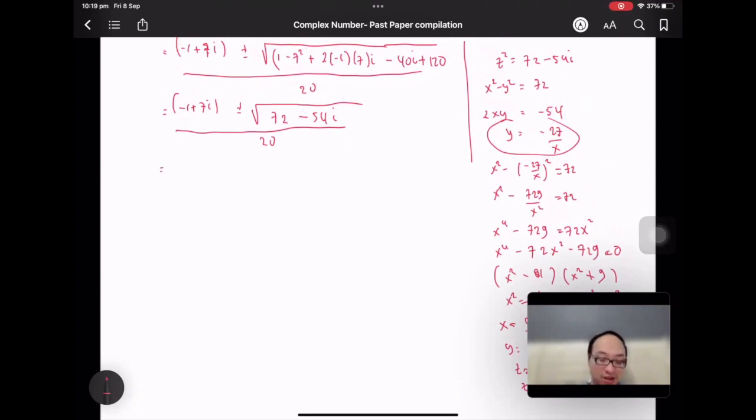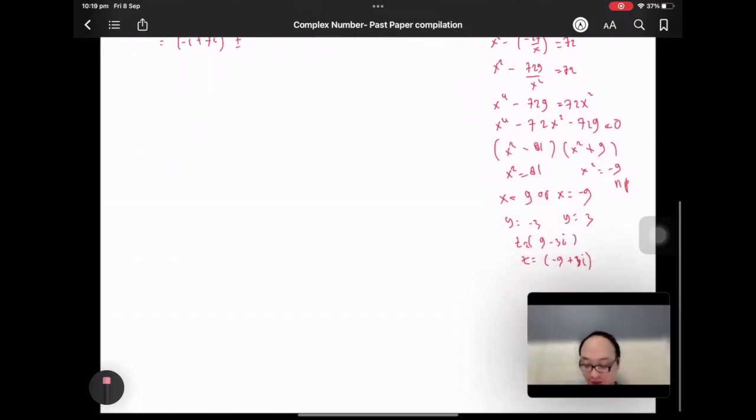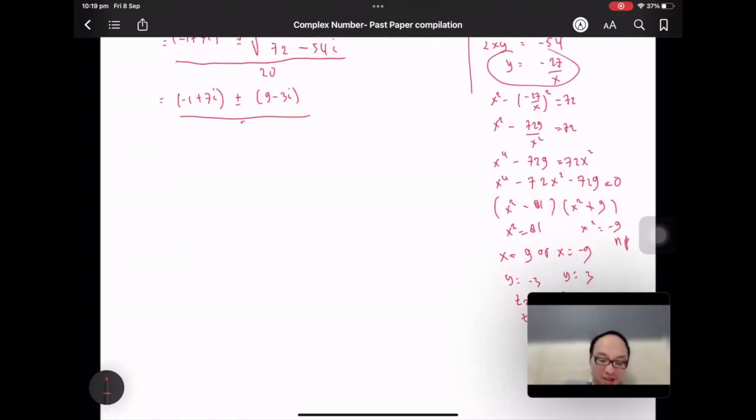So I can write here negative 1 plus 7i, plus or minus the root of the complex number, which is 9 minus 3i, over 20. So I can use negative 1 plus 7i plus 9 minus 3i over 20, or negative 1 plus 7i minus 9 plus 3i over 20.